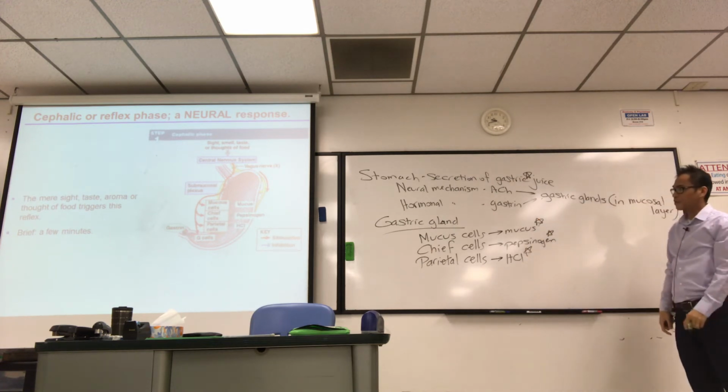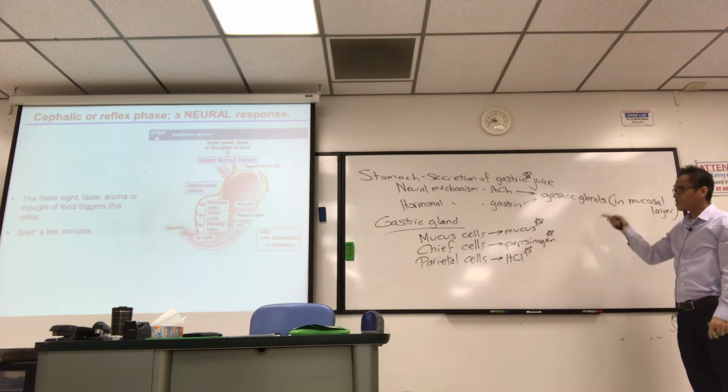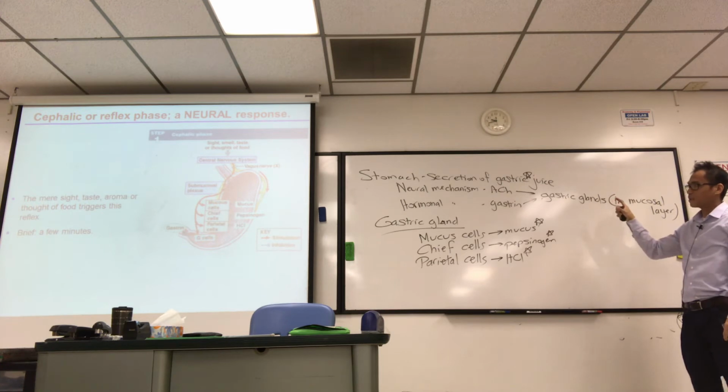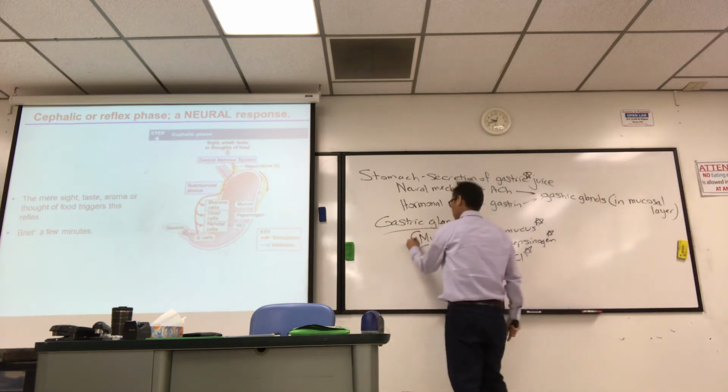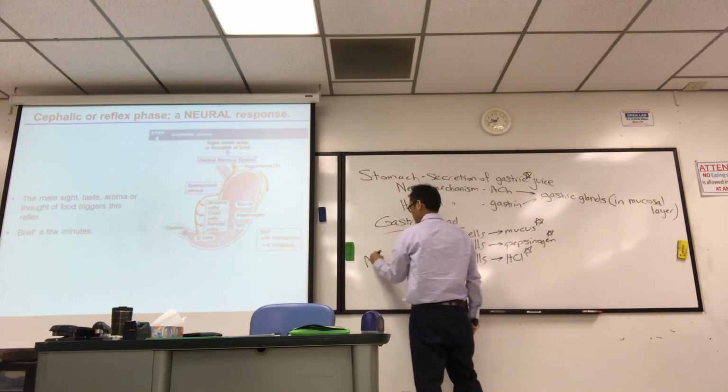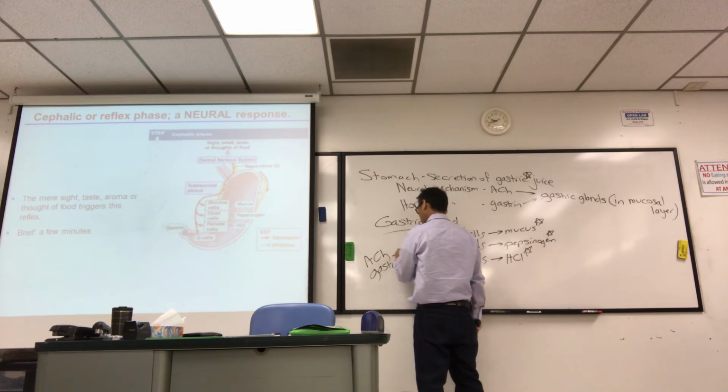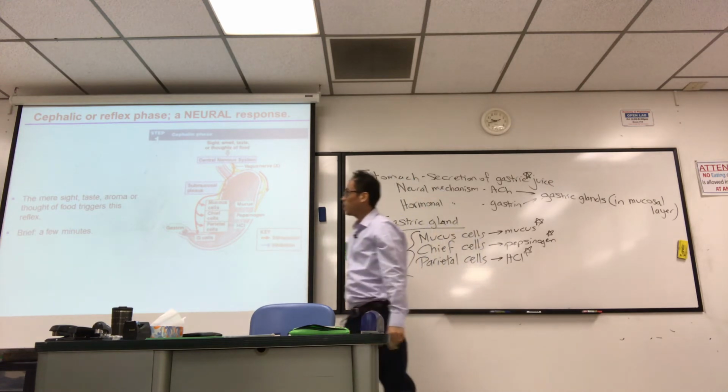And the cells that secrete them are important. And what I'm saying is ACH and gastrin will stimulate these cells. They both stimulate those cells.